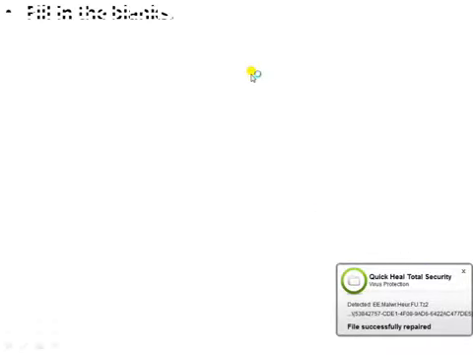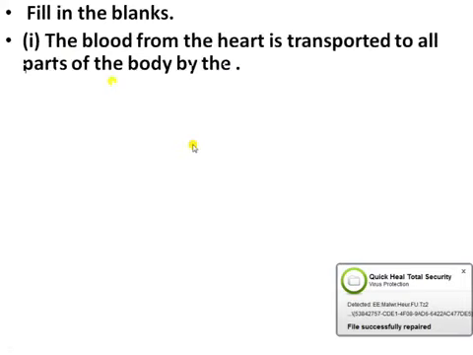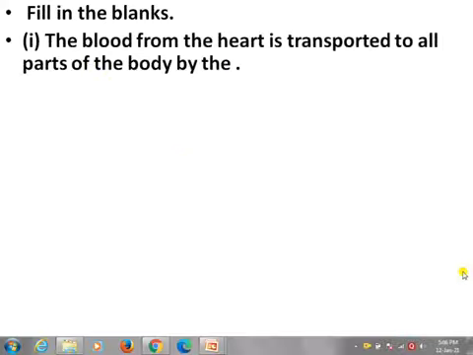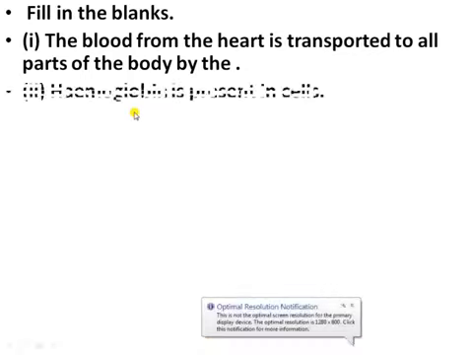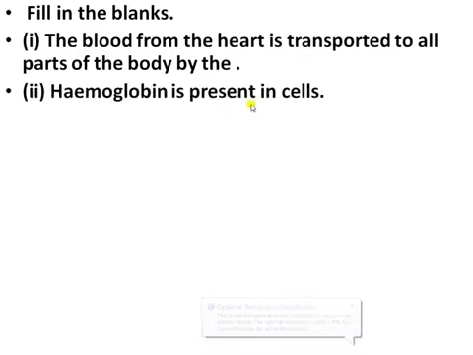Moving on to question number 2, fill in the blanks. The first question is: the blood from the heart is transported to all the parts of the body by the arteries. Second is: hemoglobin is present in the cells. So you have to write in which cells hemoglobin is present. Hemoglobin is present in the red blood cells.